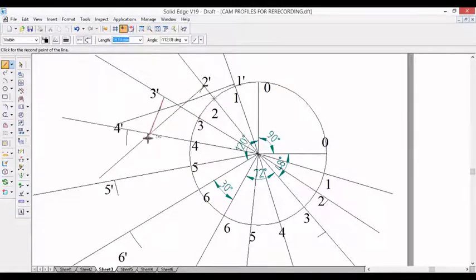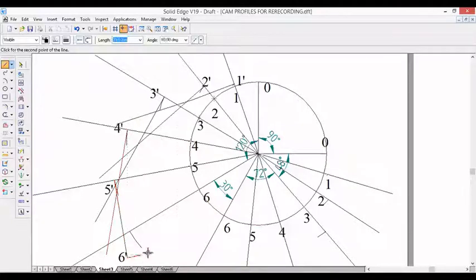3 dash also you draw tangent line. Similarly for 4 dash, you draw tangent line. You can see next to the cursor there is a symbol called tangent. So while drawing in your manual drawing also, you can draw tangent to that arc or perpendicular line to the radial line.